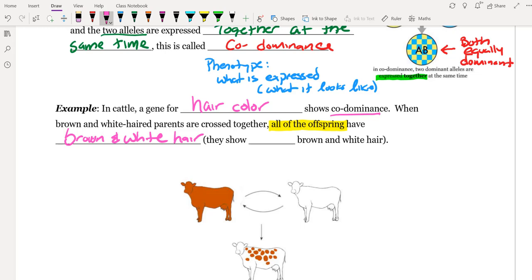They show both brown and white hair from both parents. So the hair is coming from both parents. Right?